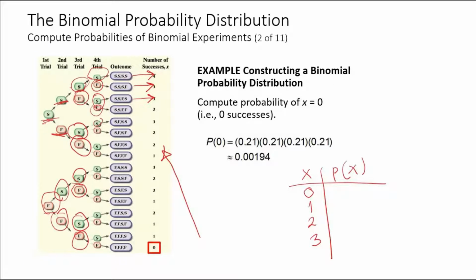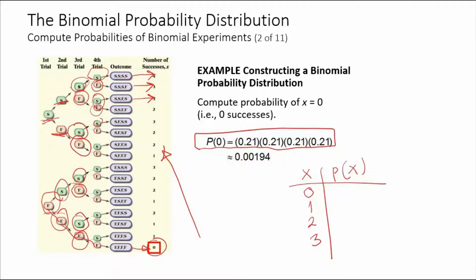So if we want to find the probability that none of the flights was on time, so the probability of 0, we have the last option, which is all failure here. So that is the probability. In order to do that, we're going to multiply all of these probabilities. Remember how we built the tree diagrams with probabilities?